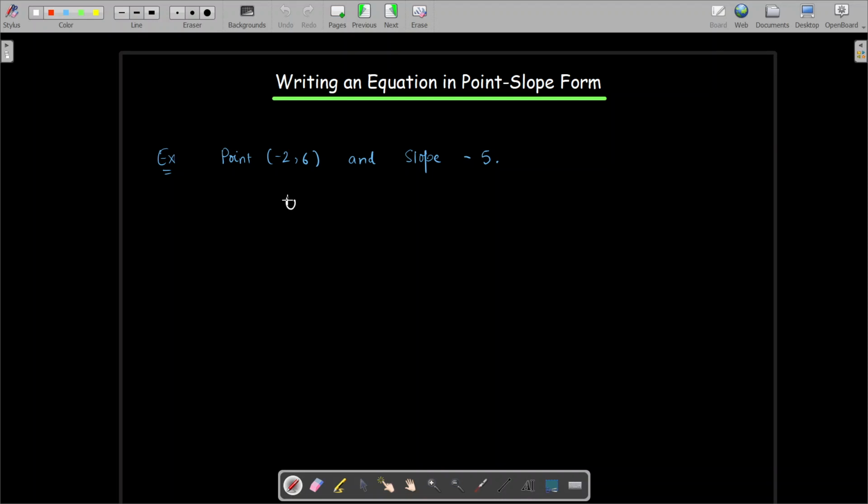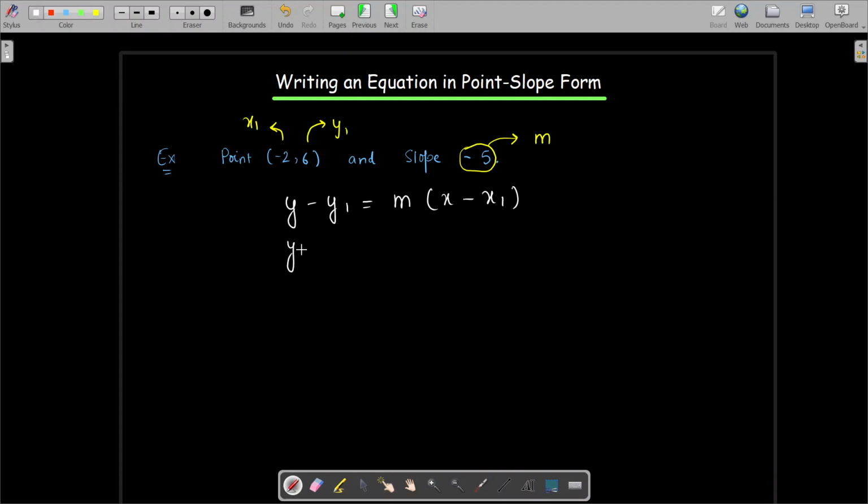It is given by y minus y1 equals m times x minus x1. Now slope is negative 5, so this is the value of m, and the point is negative 2, 6, so negative 2 is my x1 and 6 is y1. So all we need to do is substitute these values in the equation.